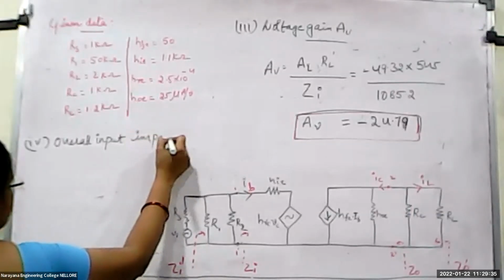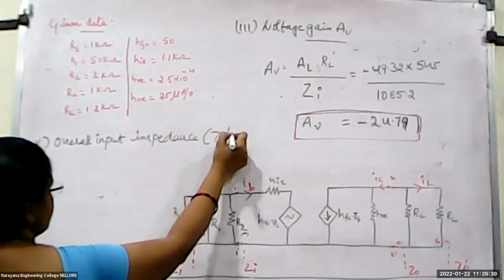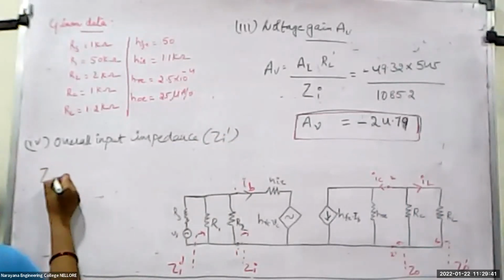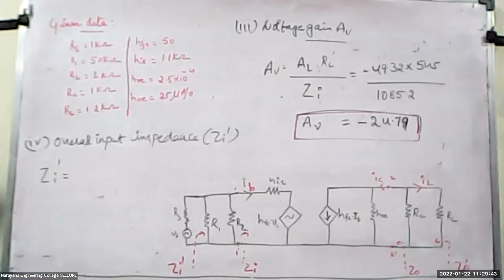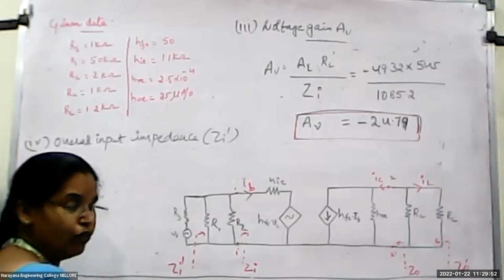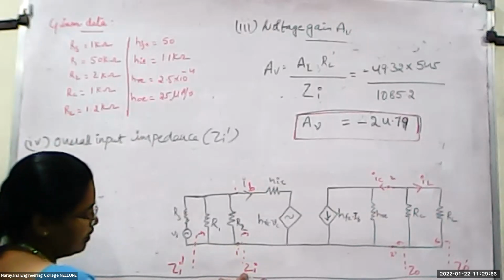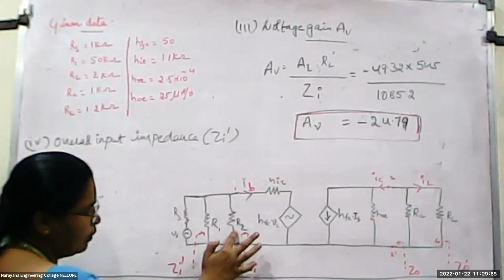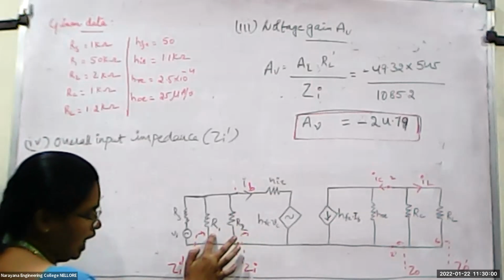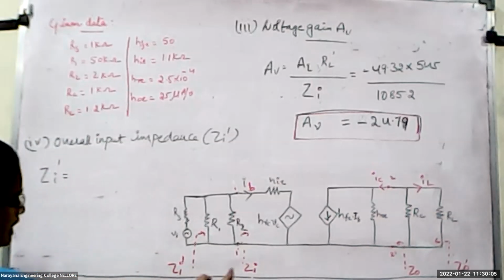Zi dash means you have to include R1 and R2 also. So listen all of you. At this port 1, we are getting input impedance Zi that is parallel with R2 and that is parallel with R1.